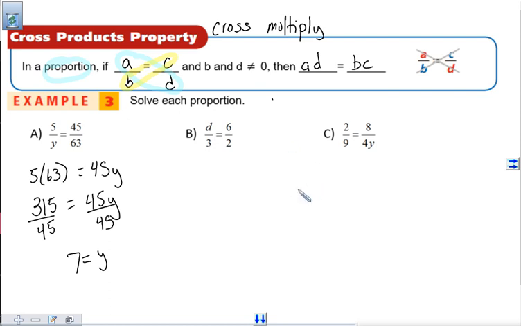We're going to do the same thing on the next two problems, cross multiplying. So 2 times d equals 3 times 6. And 2 times d equals 18. Divide by 2 on both sides, and d equals 9.